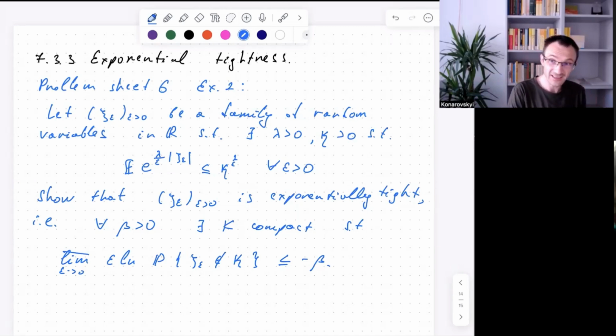But you know the Arzela-Ascoli theorem for continuous functions, which in particular says that if the functions are uniformly continuous, then this set is relatively compact.